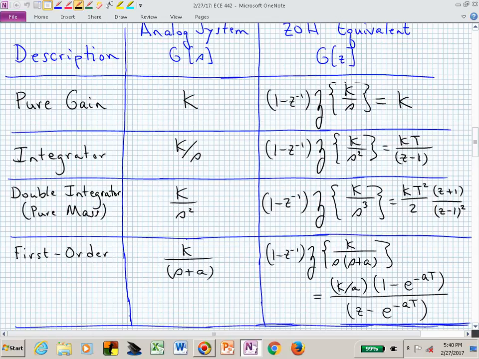K over a. It's exactly the same as what our DC gain was for our first-order system. There is some consistency between the zero-order hold equivalent in the discrete time setting and the system that we're now trying to go from continuous time to discrete.